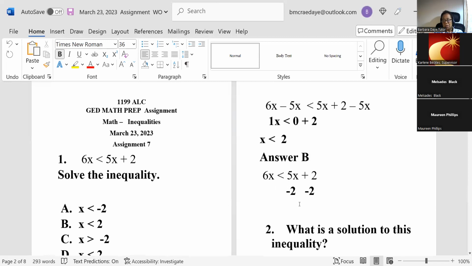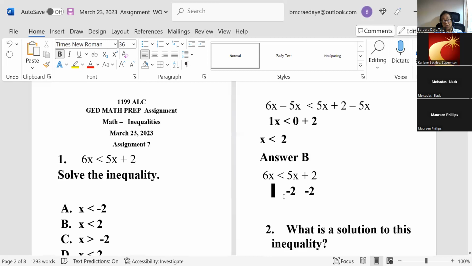Oh, I'm sorry. I got you. If I put this x, you don't get a 3 because this is a minus 2, this is a 5x. You cannot subtract a minus 2 from a 5x. That's a no. And whatever you do to one side of your inequality, you must do to the other. So if you do a minus 2 and a minus 2 on the right, you've got to do that on the left.